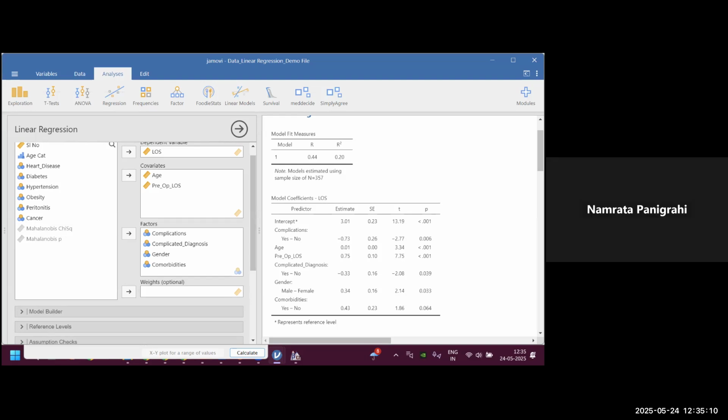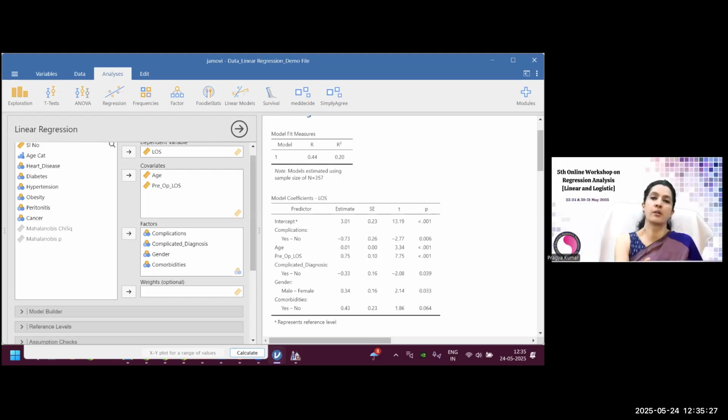Ma'am, I have one doubt. For confounder, you told that using linear regression, it will automatically adjust for confounder. Suppose we got significant interaction, then how to report it? You can only report that yes, these two variables are interacting, so there is an interaction between these two variables.